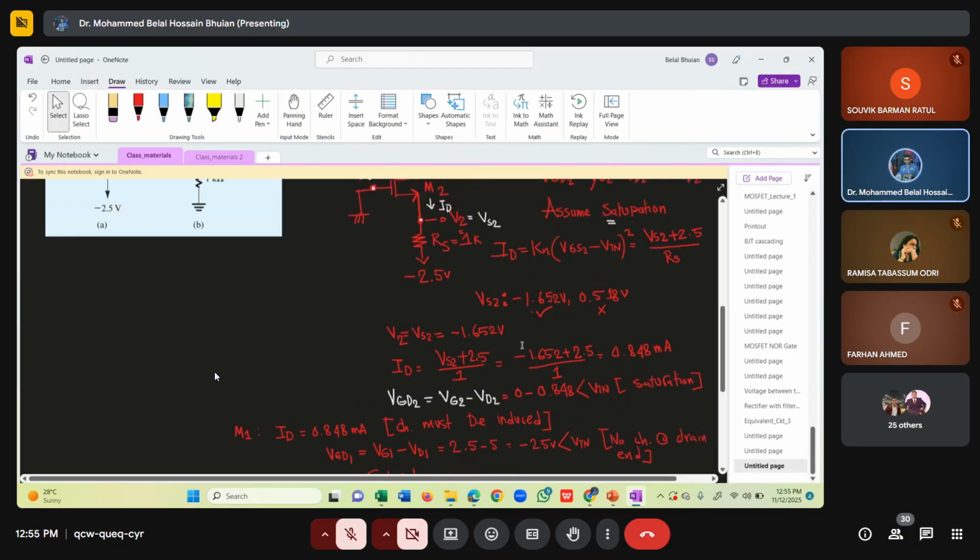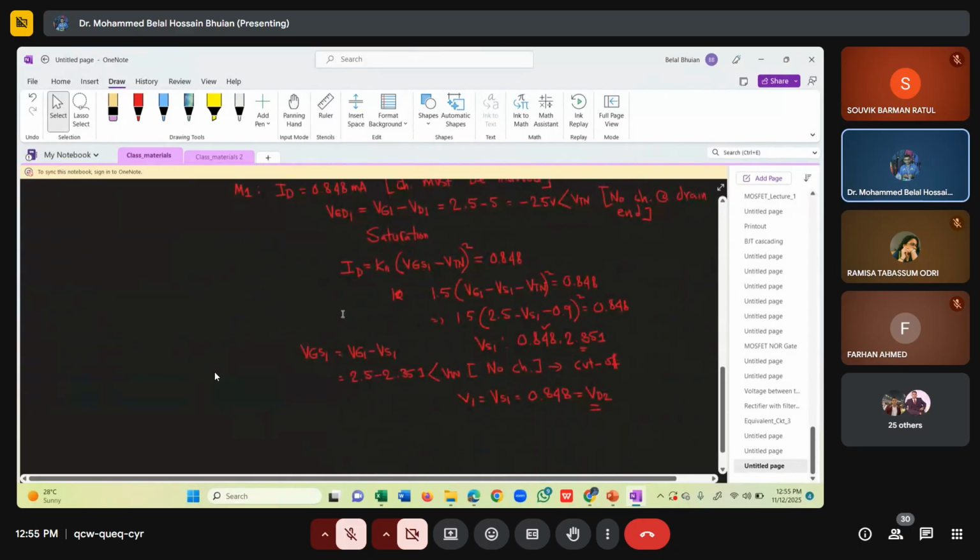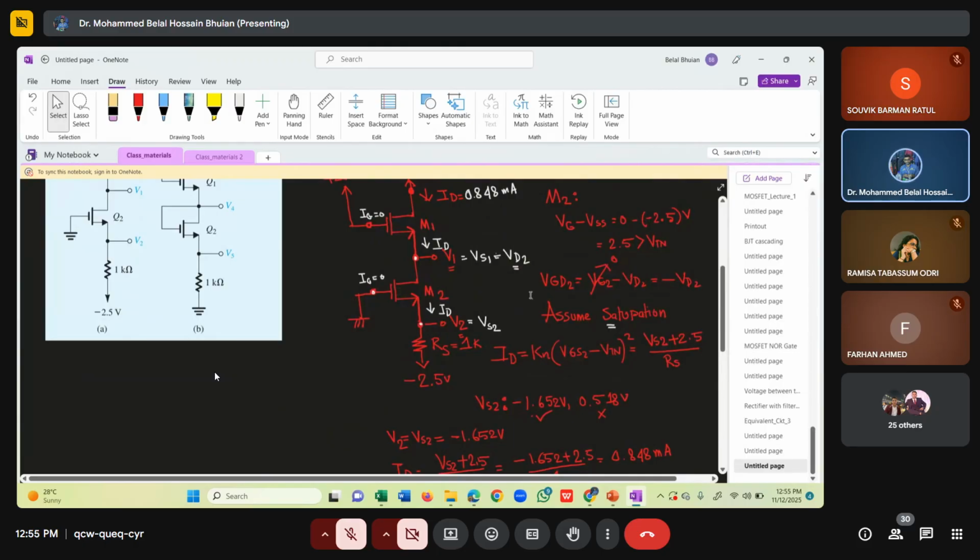Okay, so these are the values: V1 equal to 0.848 volt and V2 equal to minus 1.652, and ID is equal to 0.848.